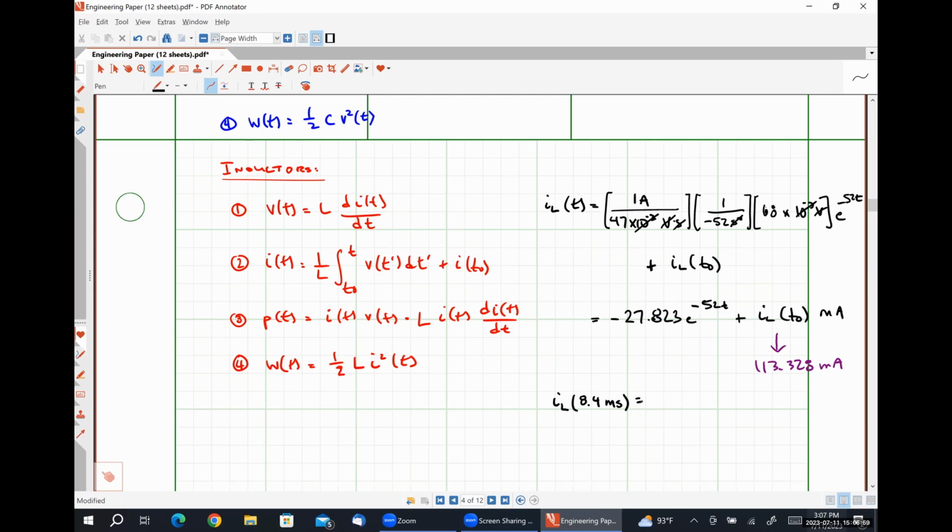And I got that to be 95.351 milliamps, which actually isn't the thing that I have highlighted.